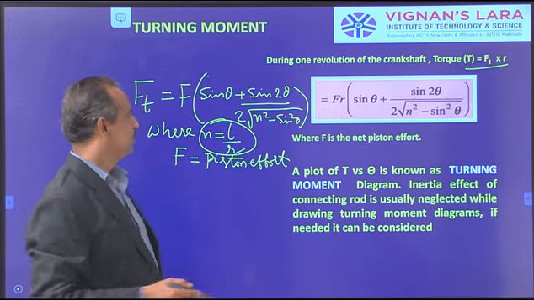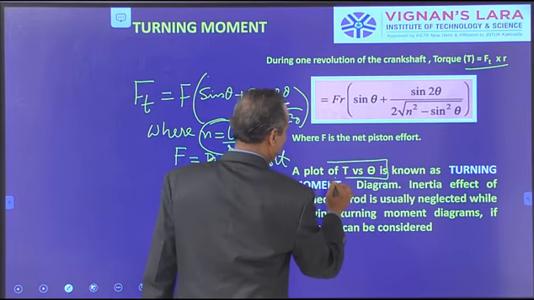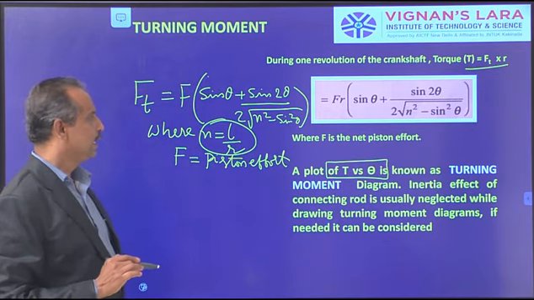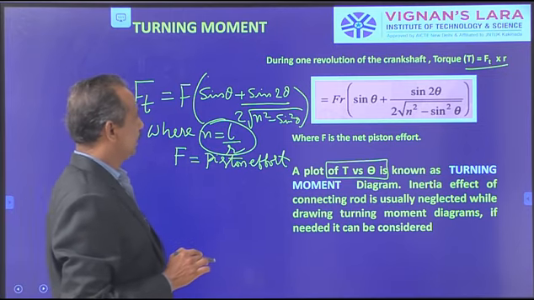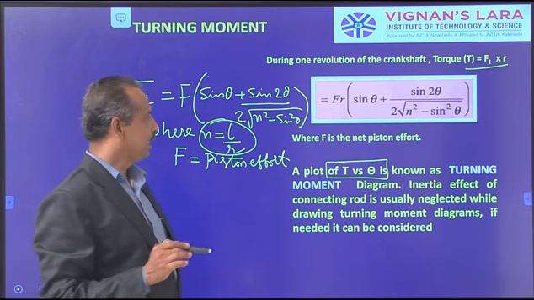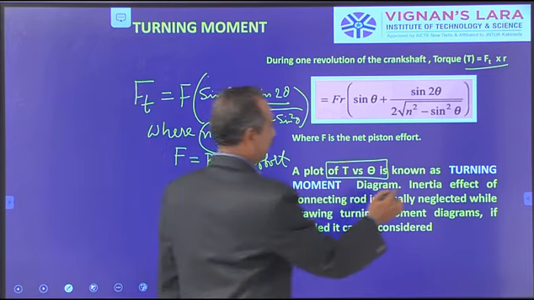So if you draw a diagram between T versus theta, that is a turning moment diagram, the torque versus theta.